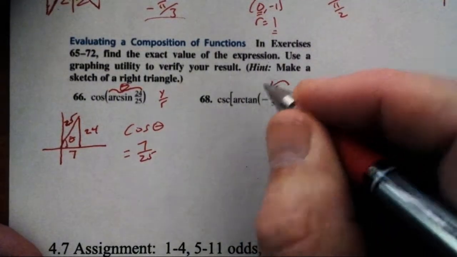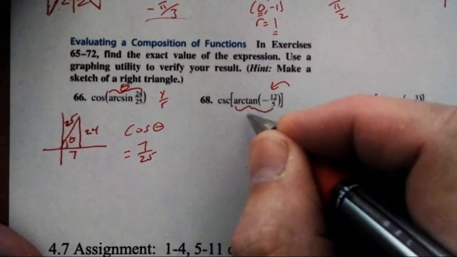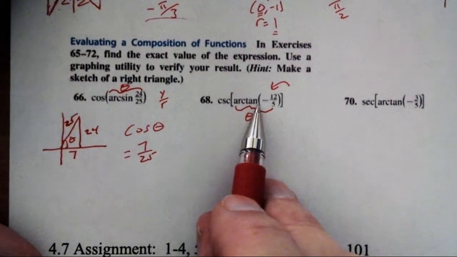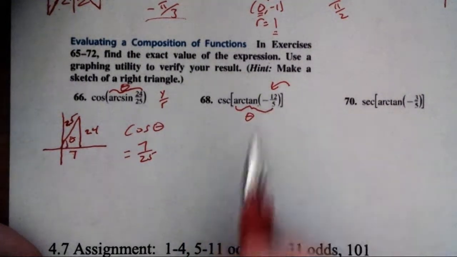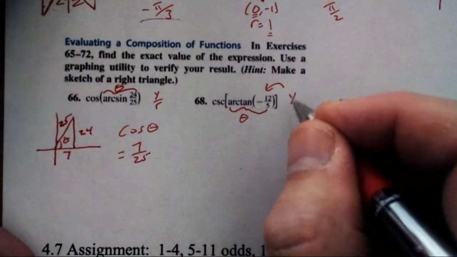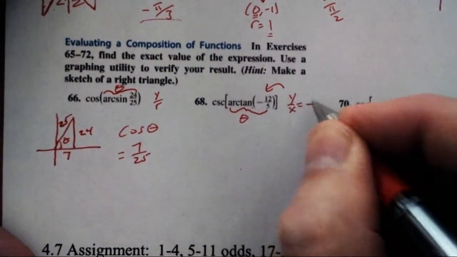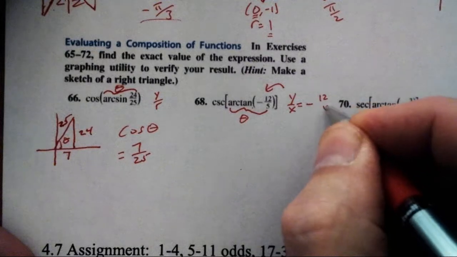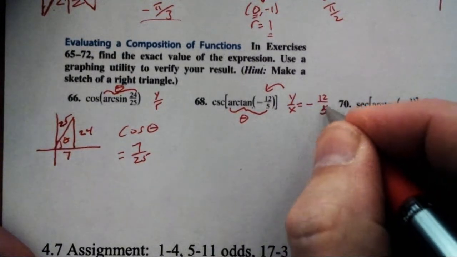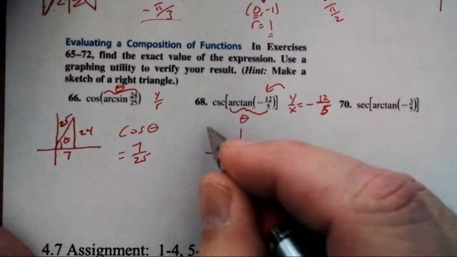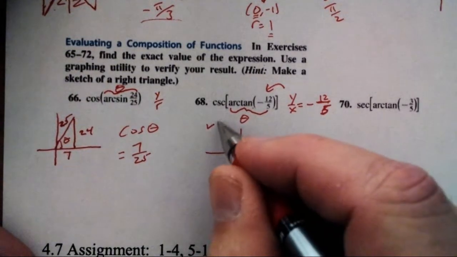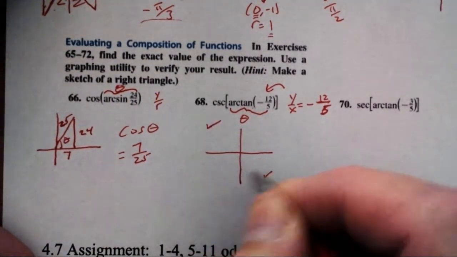So here, tangent inverse, I'm thinking of this whole thing as just an angle. That's what inverse trigonometric functions are. They're angles based on ratios. I know I've repeated it, but it's a really important concept. I need y on x to be in ratio of -12 to 5. And tangent is negative here and here. All students take calculus.